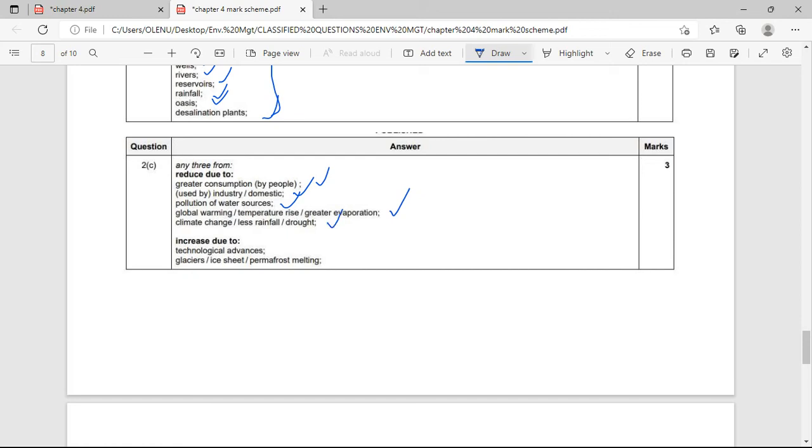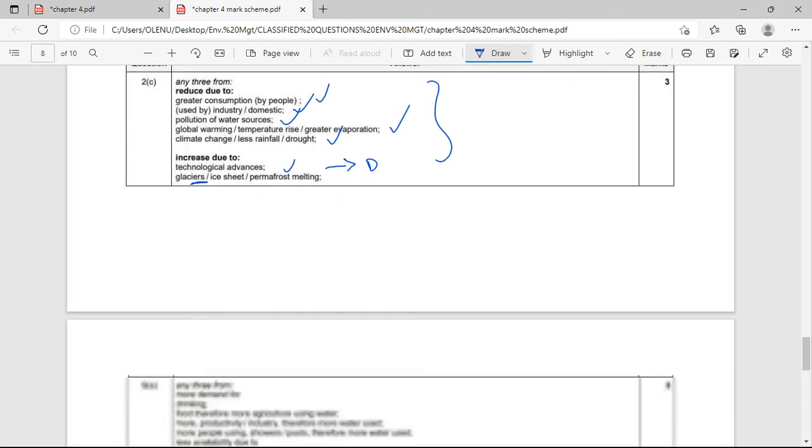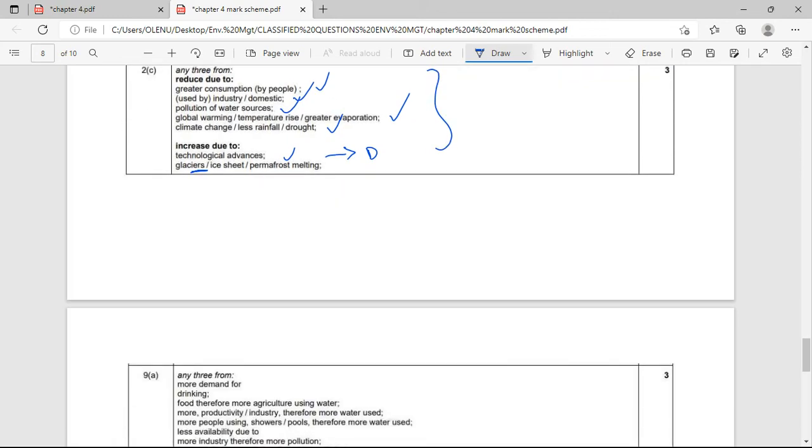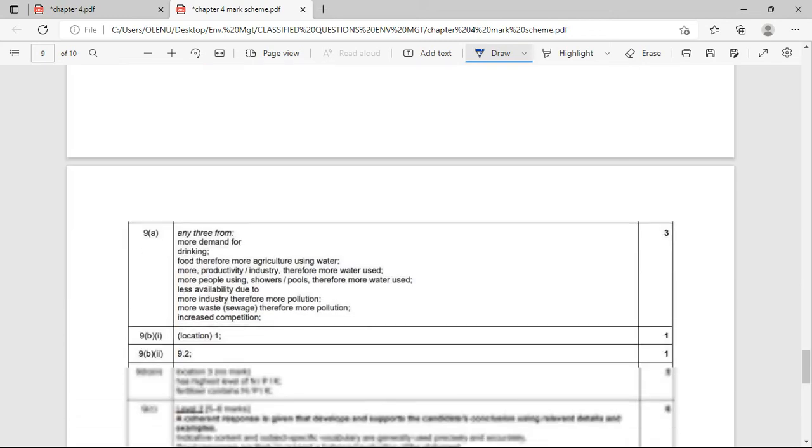All this will reduce availability of water if population increases. But the water supply can also increase due to technological advances, melting of glaciers, and technological advances like desalination plants and reverse osmosis. All this can lead to either reduced or increased water as population increases.